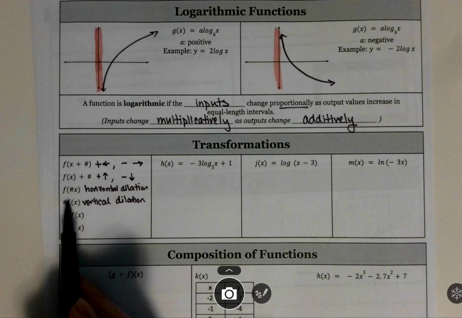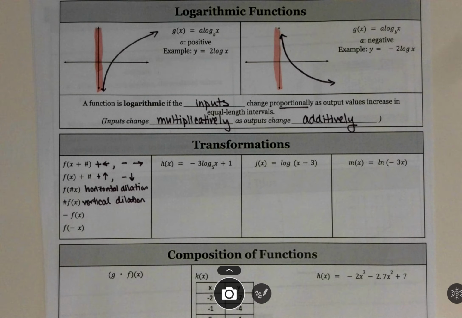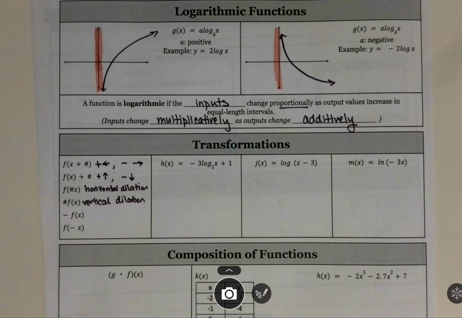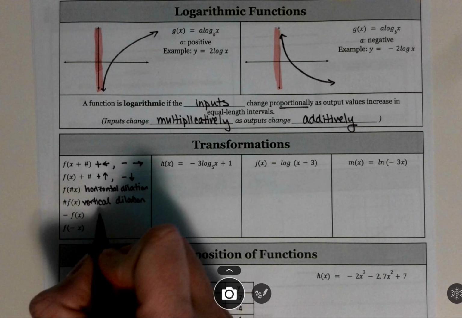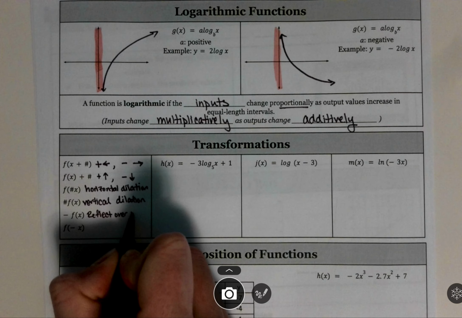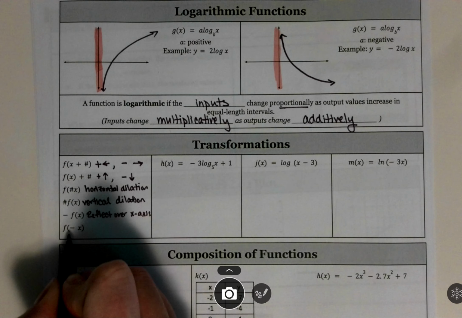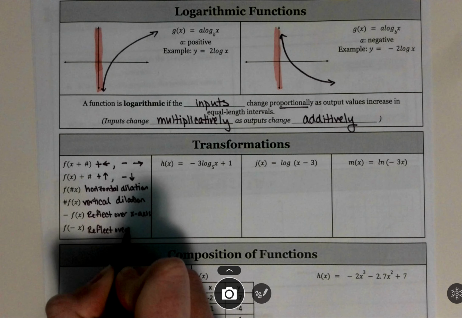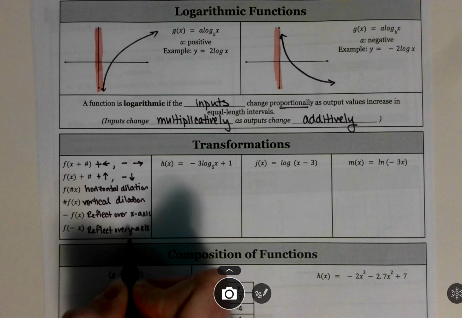If the number out in front is a decimal or a fraction that's in between 0 and 1, so an example would be 0.25, 0.5, 1/3, 2/3, that would be a vertical shrink by a factor of whatever that number is. A negative out in front reflects across the x-axis, and a negative on the inside causes a reflection over the y-axis.